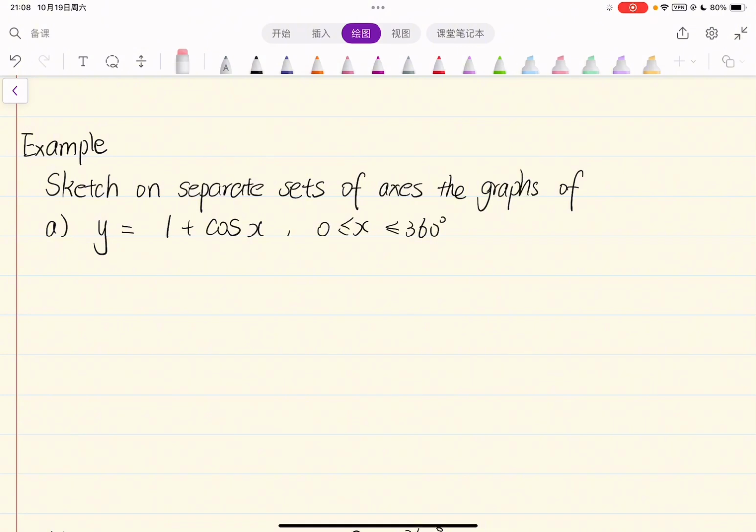For part A, it asks you to sketch y equals 1 plus cosine x, where x is between 0 and 360 degrees. For your convenience, I will first draw the graph y equals cosine x.